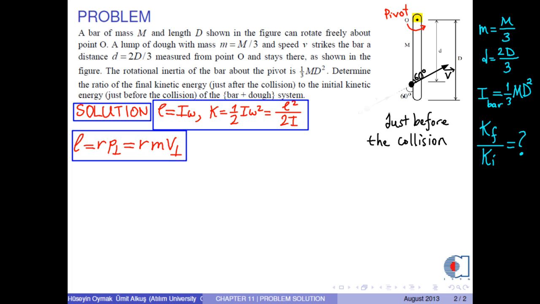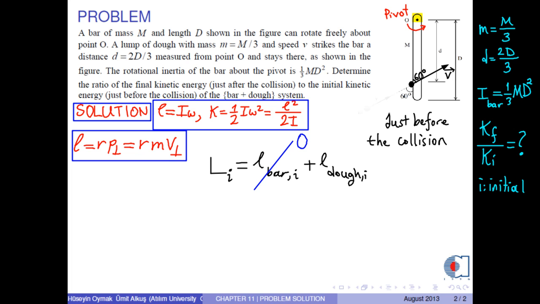Total angular momentum just before the collision, L initial, is equal to the sum of the initial angular momenta of the bar and duff. Since the bar is initially at rest, its angular momentum is 0.